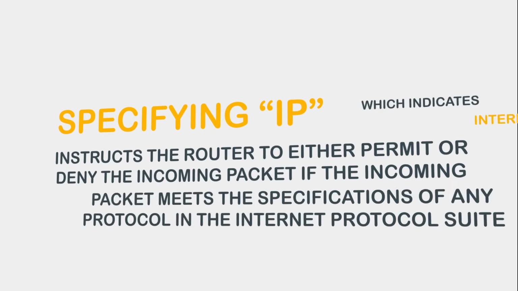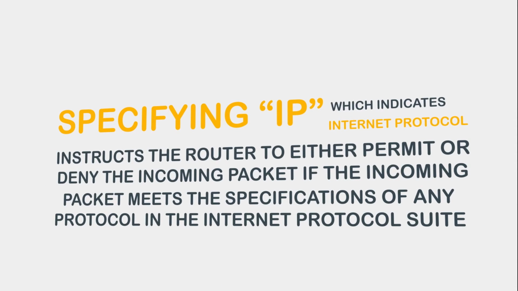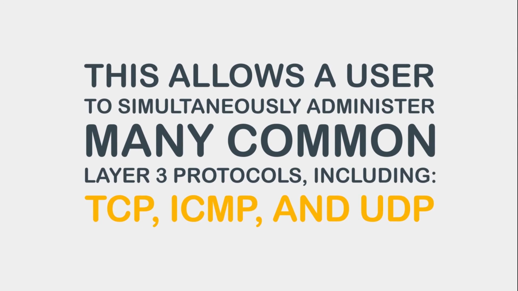It's important to note before moving on, specifying IP, which indicates Internet Protocol, instructs the router to either permit or deny the incoming packet if the incoming packet meets the specifications of any protocol in the Internet Protocol suite. This allows a user to simultaneously administer many common Layer 3 protocols, including TCP, ICMP, and UDP.